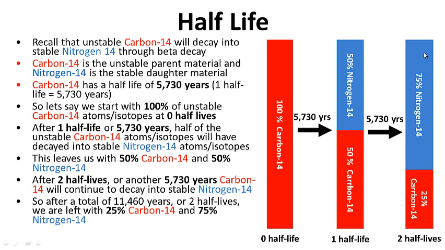You can see that almost all of our original carbon-14 is almost gone after 2 half-lives. Only 25% remains. Notice 50% is half of 100%, and 25% is half of 50%. We have 0, 1, 2 half-lives have gone by.